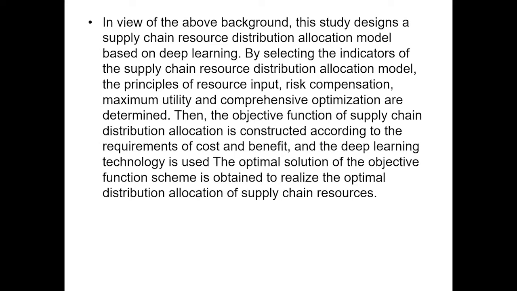This study designs a supply chain resource distribution allocation model based on deep learning. By selecting the indicators of the supply chain resource distribution allocation model, the principles of resource input, risk compensation, maximum utility, and comprehensive optimization are determined.